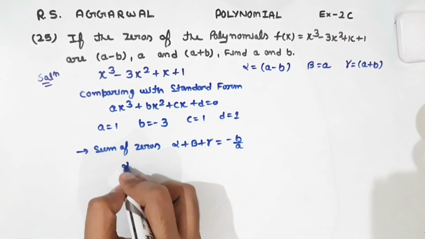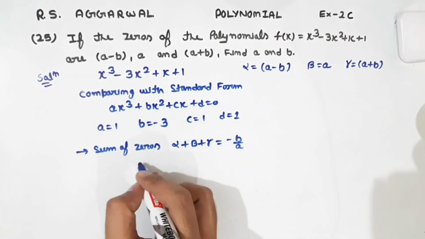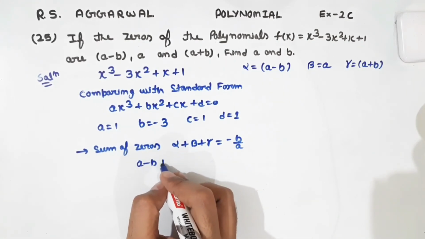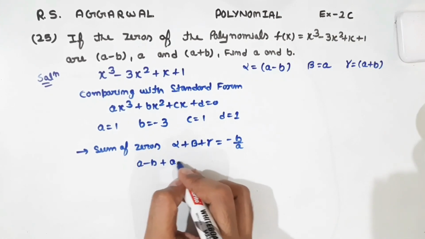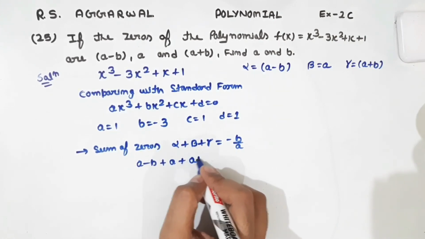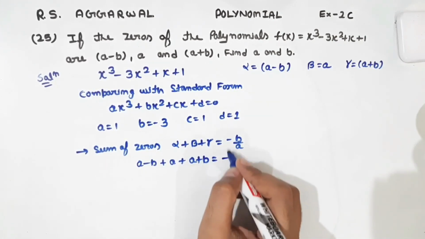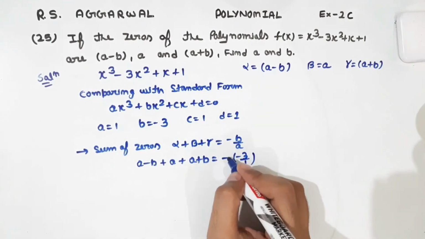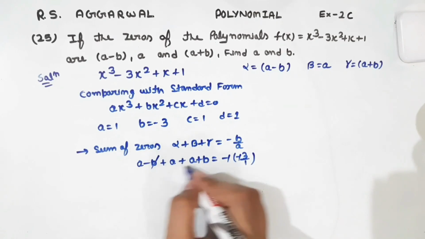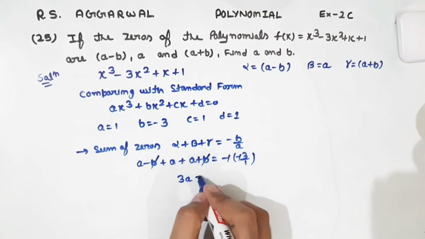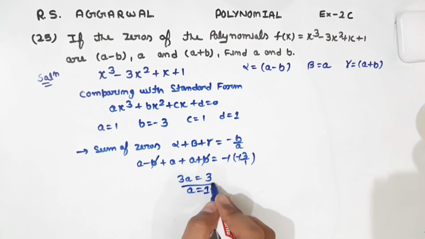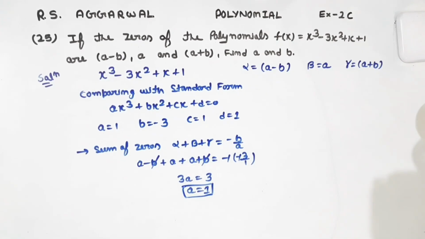So now putting the values of alpha, beta and gamma, a minus b plus a plus a plus b will be equal to minus b, which is -3, upon a, which is 1. So minus will be cancelled out. So from here 3a will be equal to 3. So from here a will be equal to 1. This is the value of a.